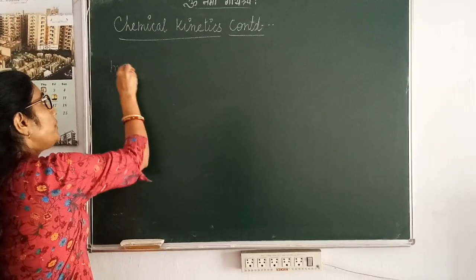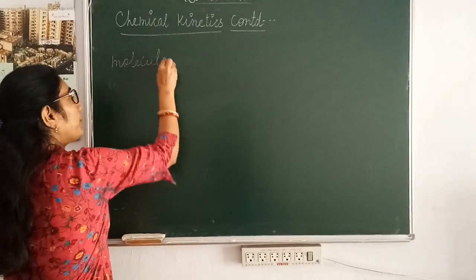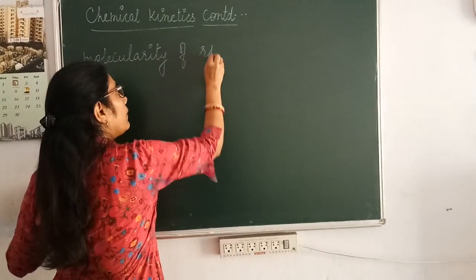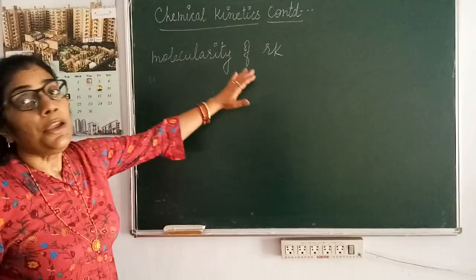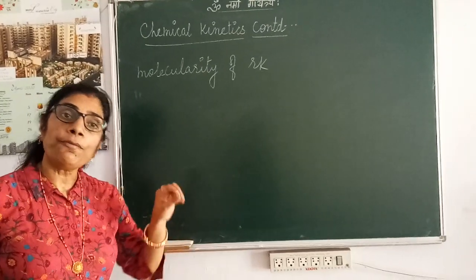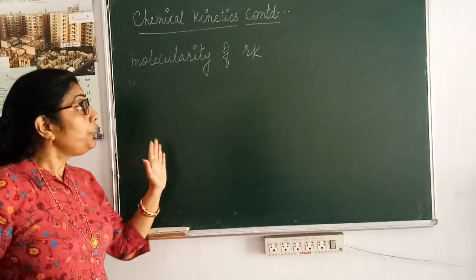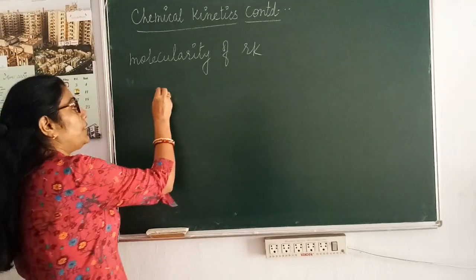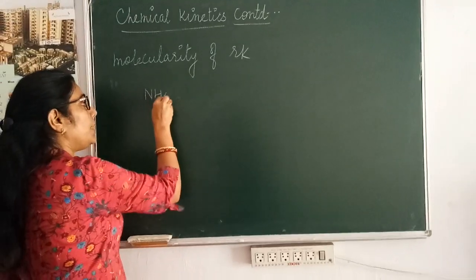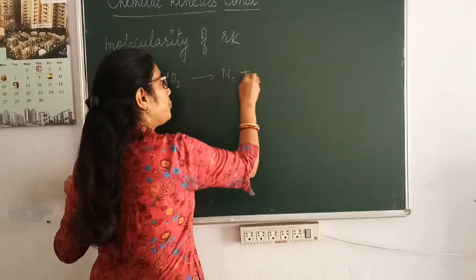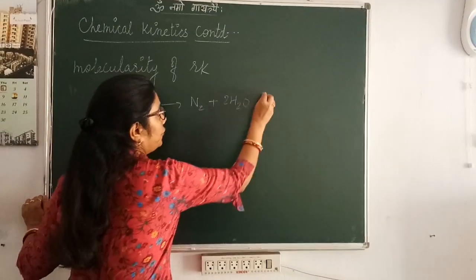Now, what is molecularity? Molecularity of reaction is the number of moles of reacting species in a balanced chemical equation. As for example, suppose ammonium nitrite decomposes to N2 plus 2H2O.